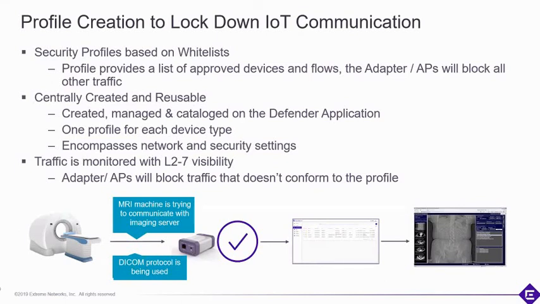So like I mentioned earlier on, we have this application that can do profile creation. Let's say I have an IoT device here. I have a Defender here. I plug the IoT device here. So we run this profile creation, right? So you will open up all the ports.